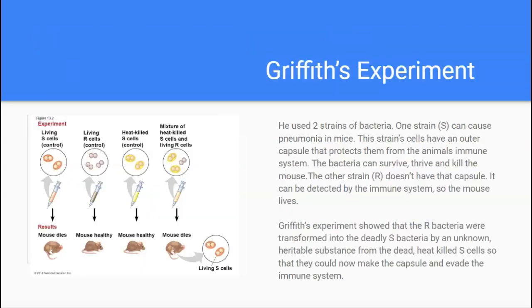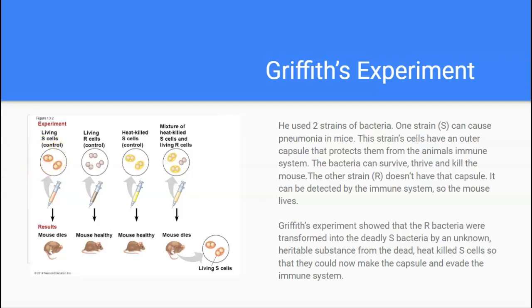So the first one is Griffith's experiment, okay? And this had to deal with mice. So what you have to understand is Griffith took some bacteria, okay? And the one strain, the S strain, so right here, these little light dots are little bacterias, okay? Notice they have this dark orange little shell around them.